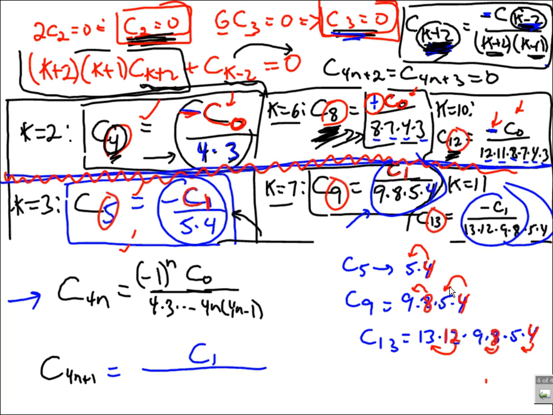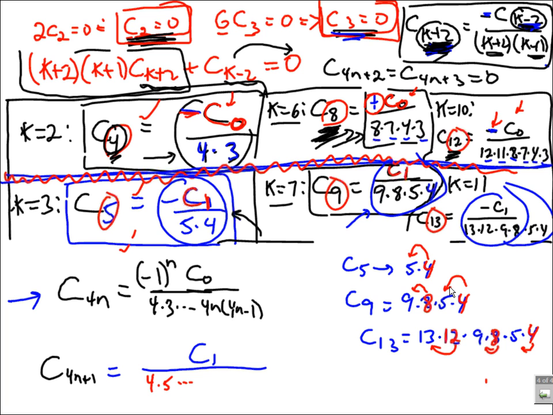So we're multiplying multiples of 4 and also multiplying one more than the multiple of 4. So in the bottom, you're going to have 4 times 5, and then 8 times 9, and then 12 times 13.